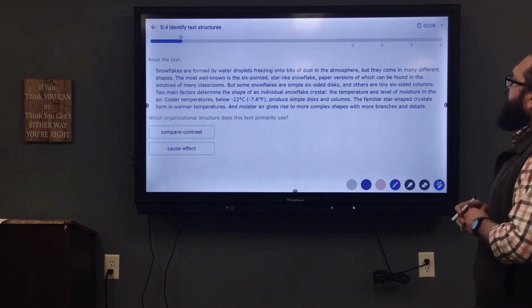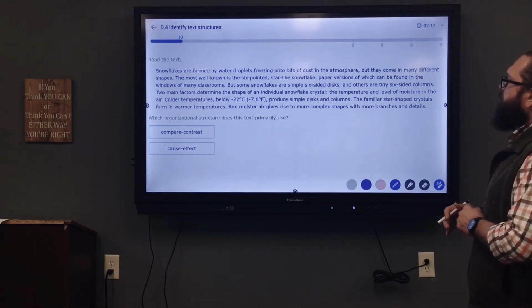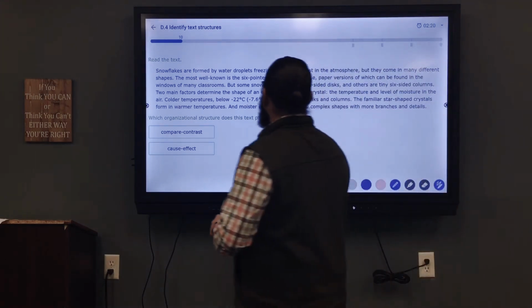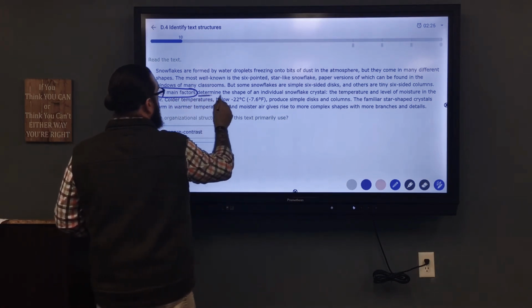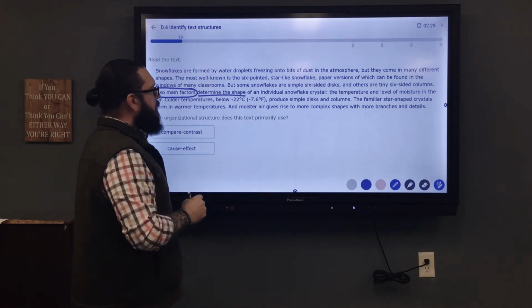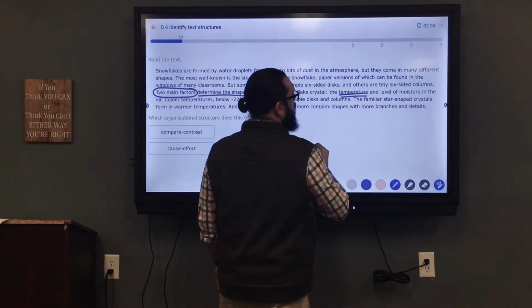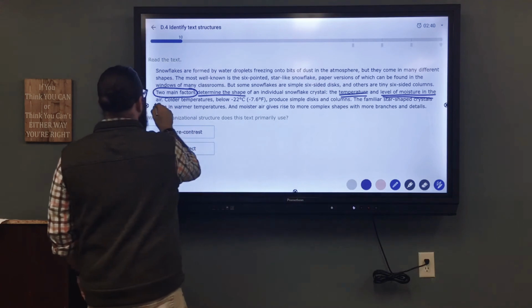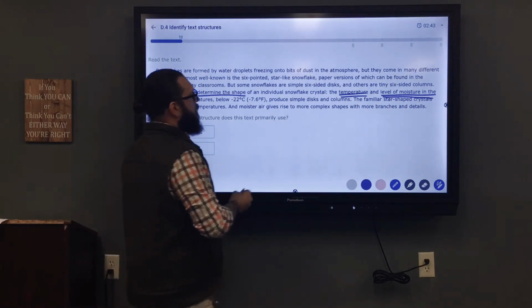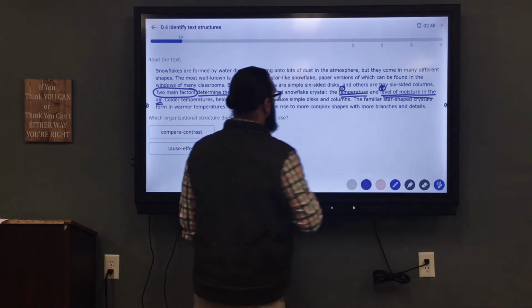Some snowflakes are simple six-sided discs, and others are tiny six-sided columns. Two main factors determine the shape of an individual snowflake crystal. All right, so we are told that there are two factors that determine shape. Factor one is the temperature. Factor two is the level of moisture in the air.